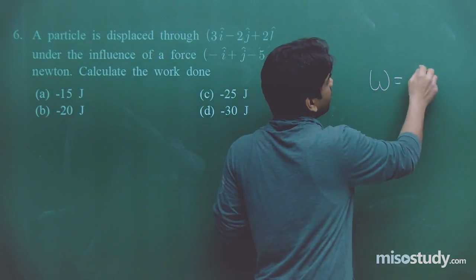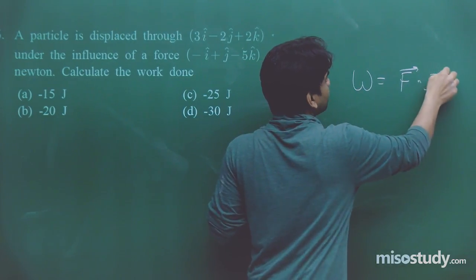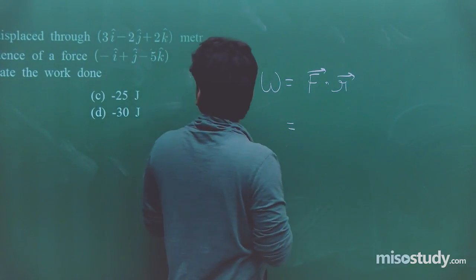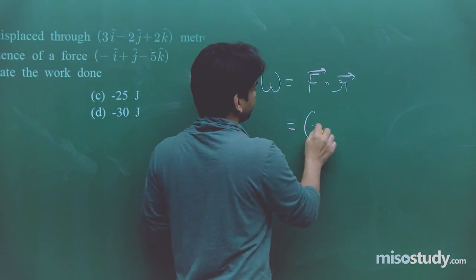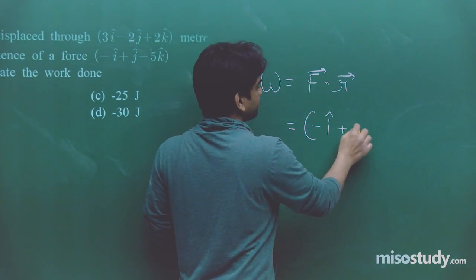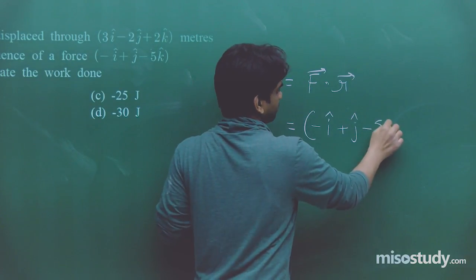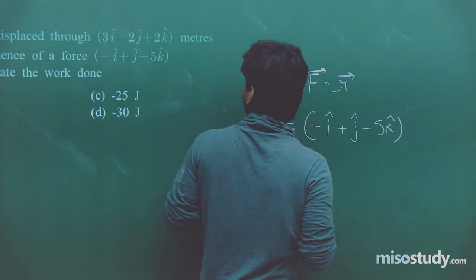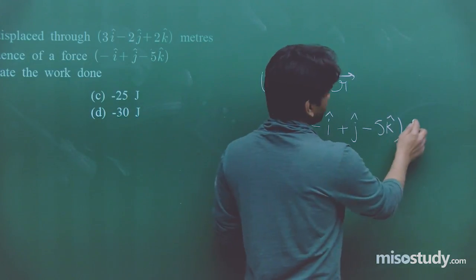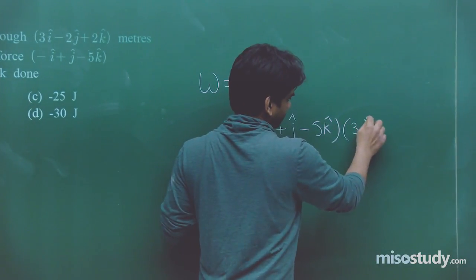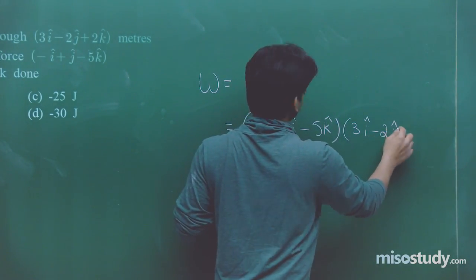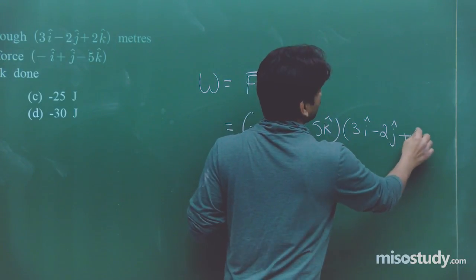Work is equal to F dot R. Both are provided. F is given minus i plus j minus 5k. And the displacement vector is given as 3i cap minus 2j cap plus 2k cap.